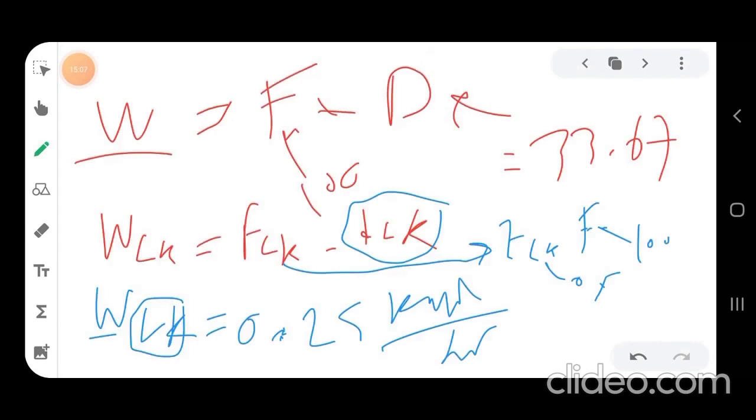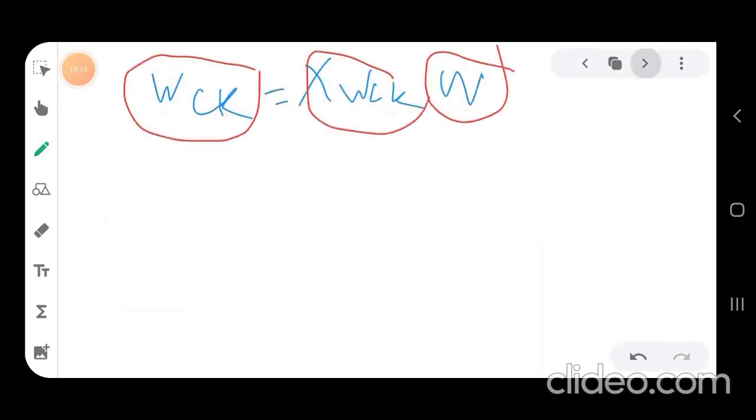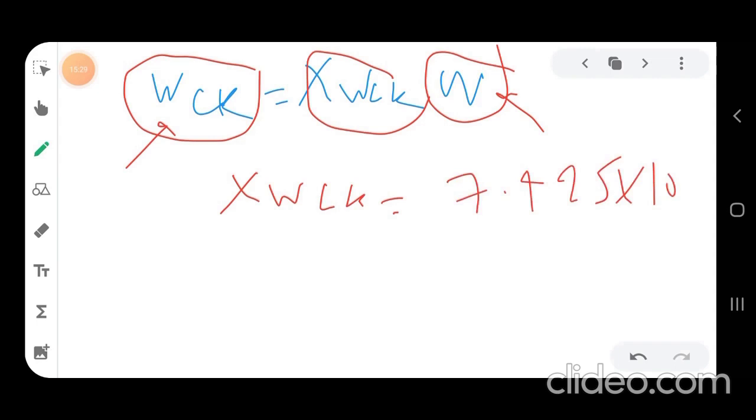So this we know, 0.25, and this W we know, 33.67. You can plug them here and get x_W of the light key as very small as expected, around 10 to the power minus 3. Again, because it is the light key, it's expected to be more in the distillate, not in the waste. That's why the composition is very small.